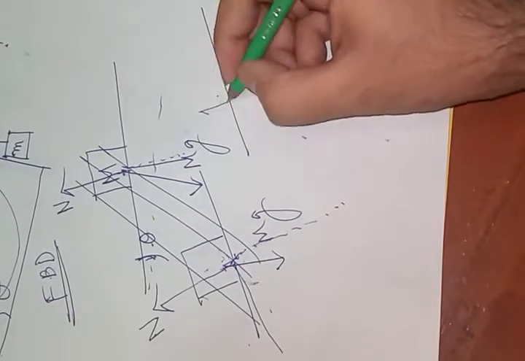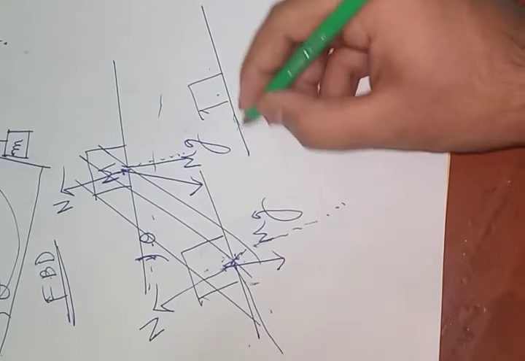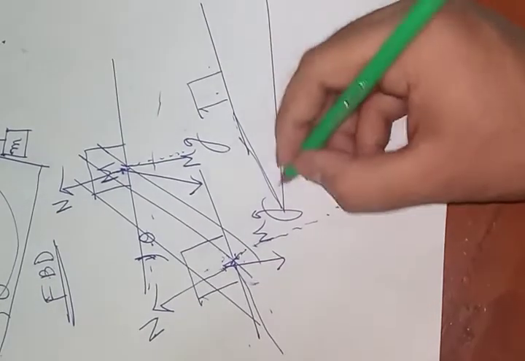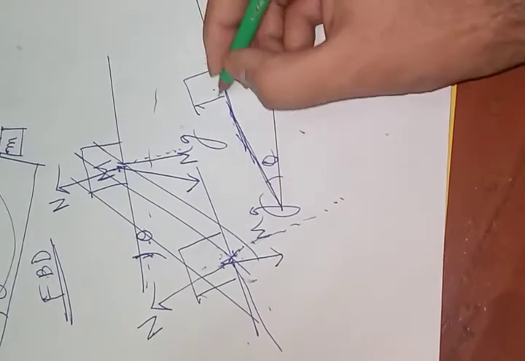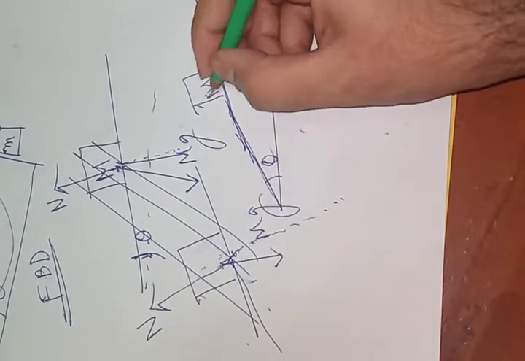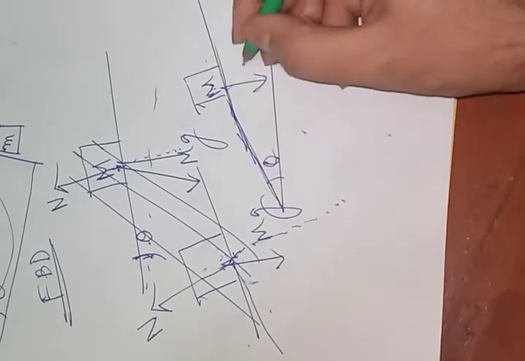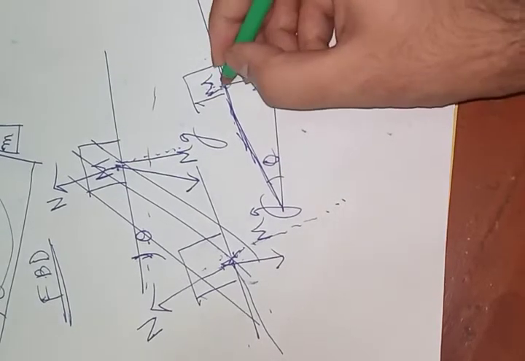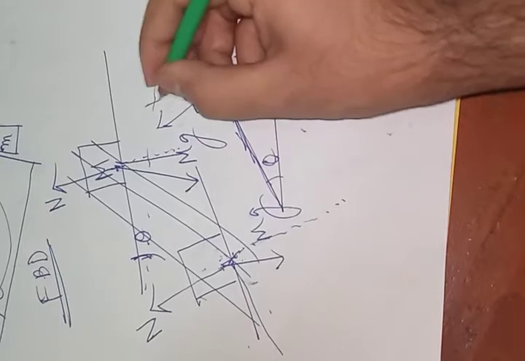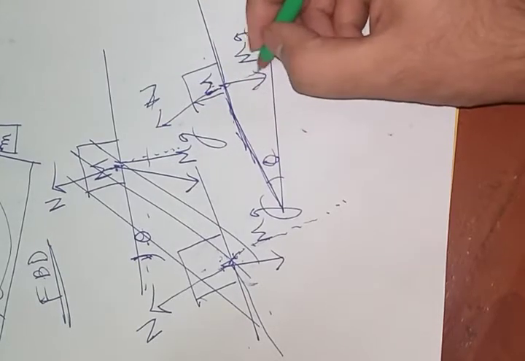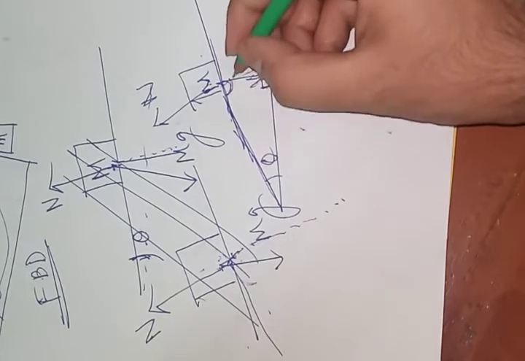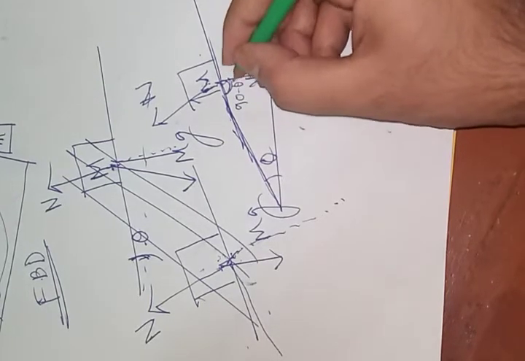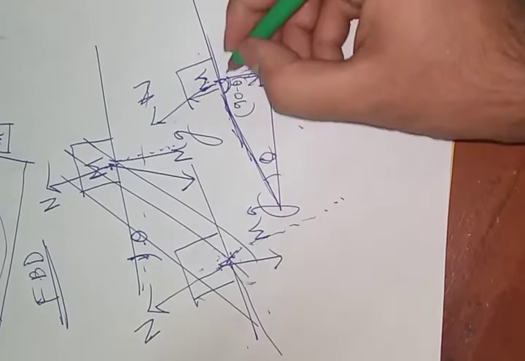So this is M, and the inclination is theta, right? This is vertically down mg. This is N. If this angle is 90, this angle is 90 minus theta, because this angle is theta.